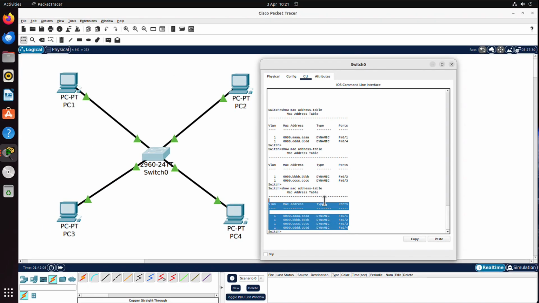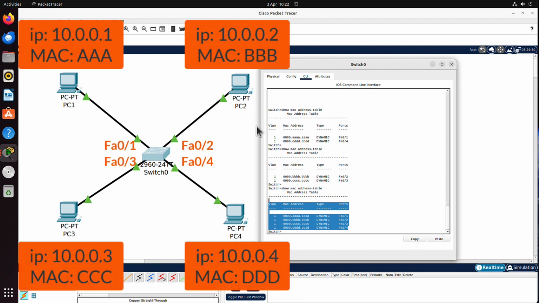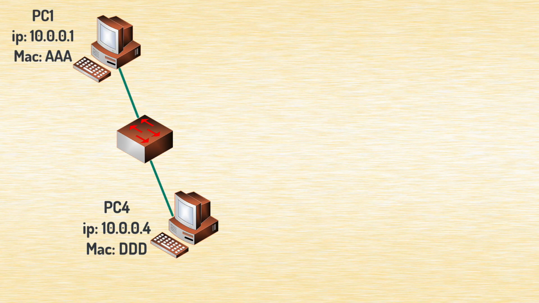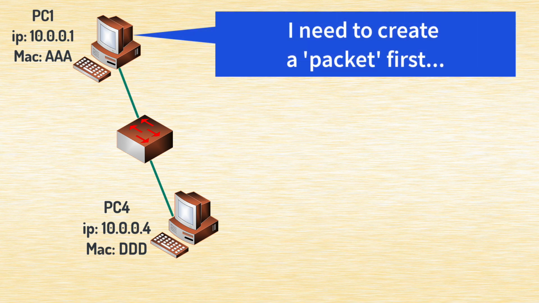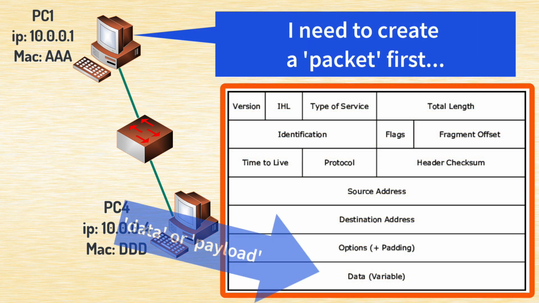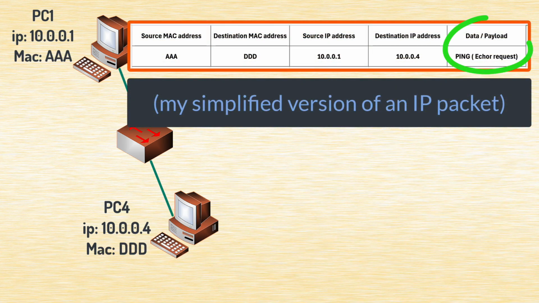So how is that obtained exactly? Let's just step back and think about what happens when I send a ping from PC1 to PC4. The process is that PC1 creates a so-called packet first, and that packet has several fields. One of those fields is called the payload, and in our example it's just a simple ping command. Payload is the data that this packet holds, and in our case it's a simple ping command.